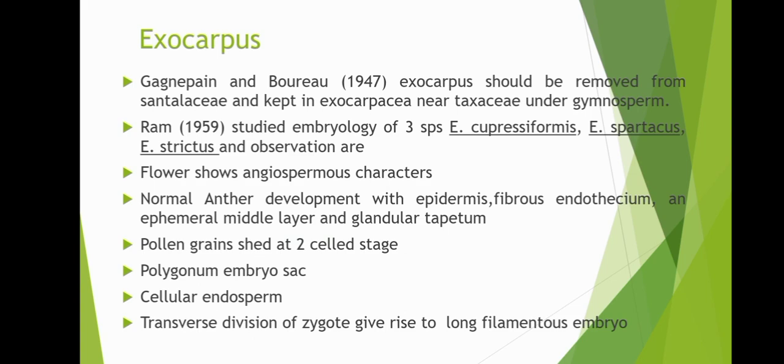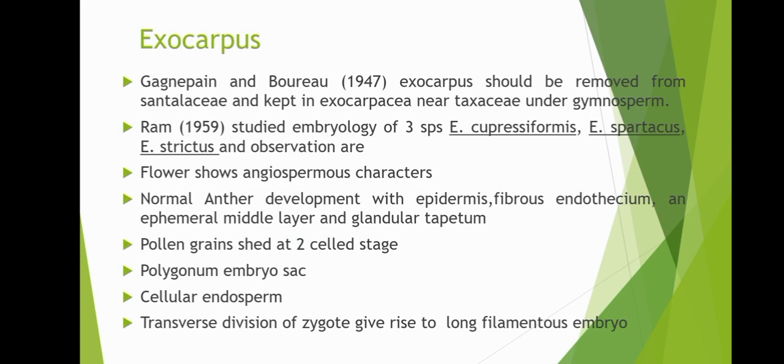Ram in 1959 studied the embryogeny of three species of Exocarpus: cupressiformis, sparteus, and strictus, and he made the observations that these plants show angiospermic characters: normal anther development with epidermis, fibrous endothecium, and ephemeral middle layer and glandular tapetum.